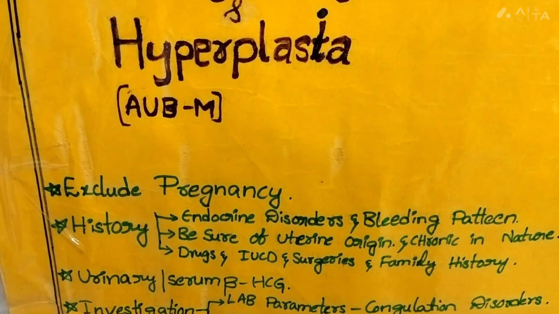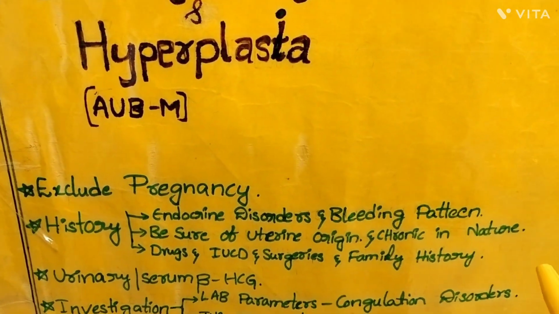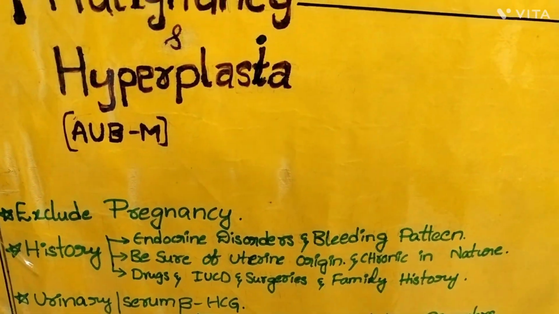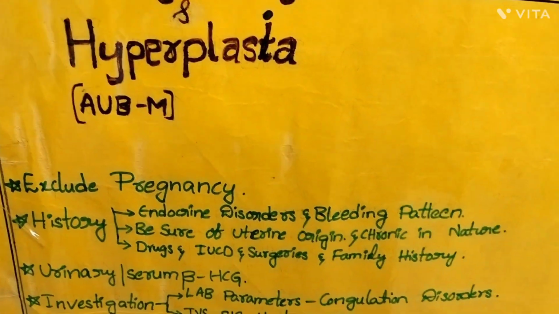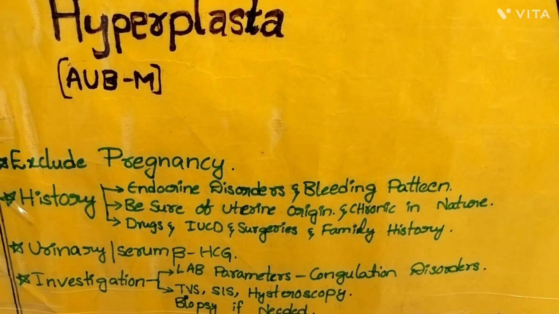So why should we confirm that it is from the uterine origin? Sometimes in cases of vaginal tears there can be abnormal bleeding. In cases of any cervical trauma, there could be a cause of bleeding.